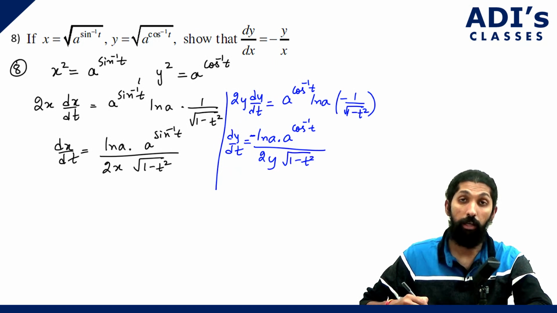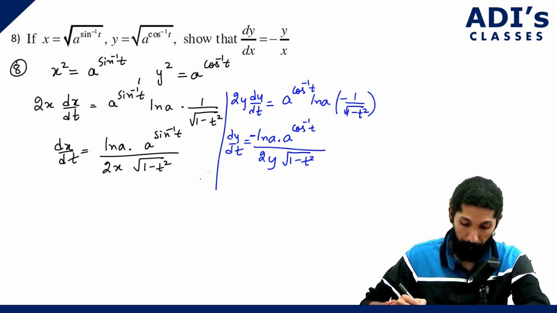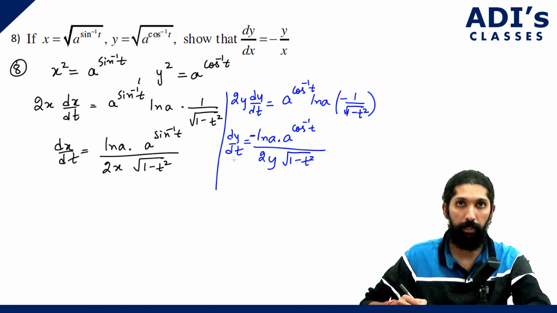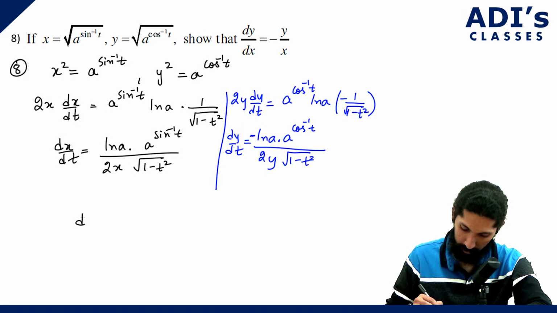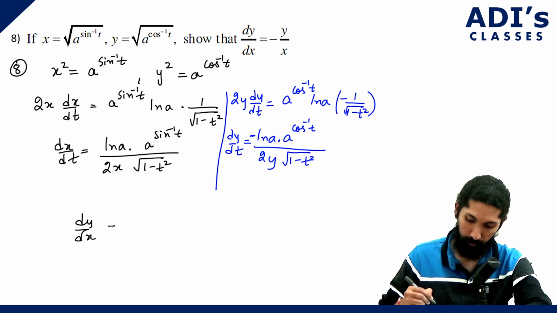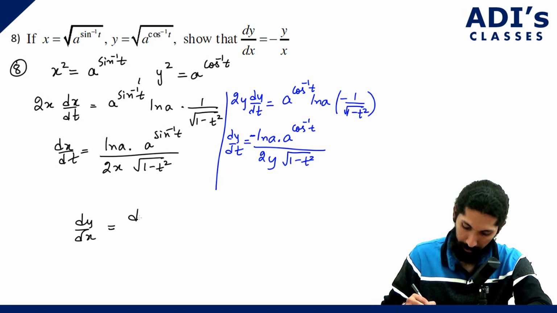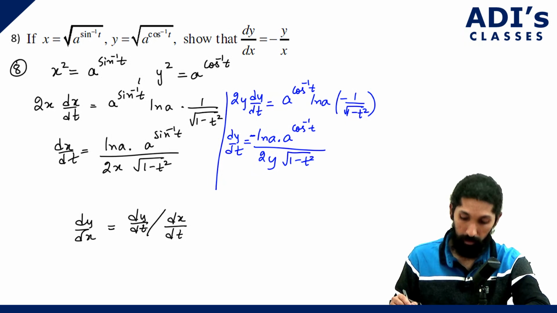Now we need to do dy by dt divided by dx by dt, isn't it? So dy by dx is equal to dy by dt divided by dx by dt. Correct? Let's solve this one now.